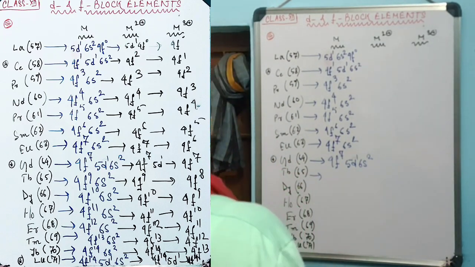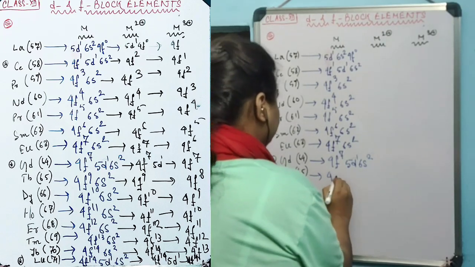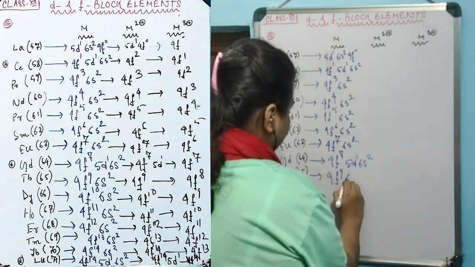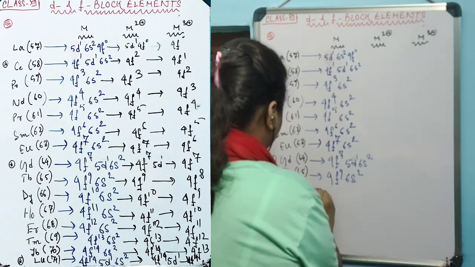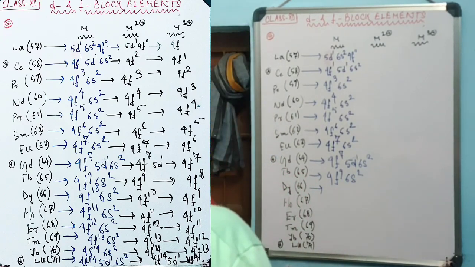The next element is Tb, terbium. The electronic configuration is 4f9 6s2. The next element, Dy, is dysprosium.